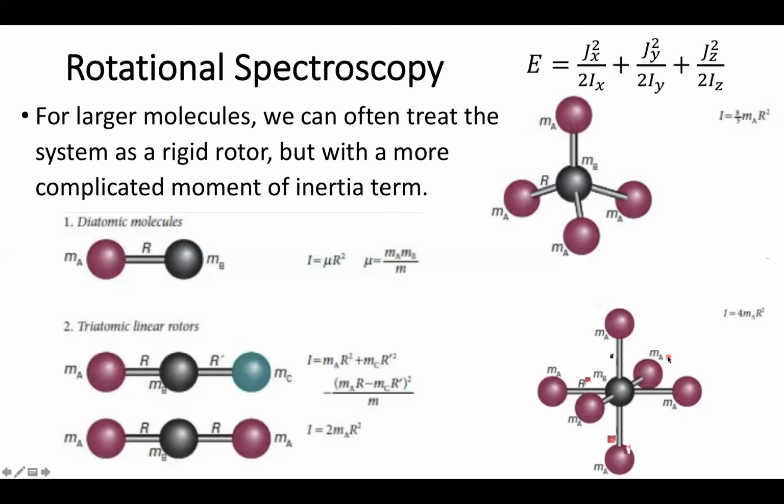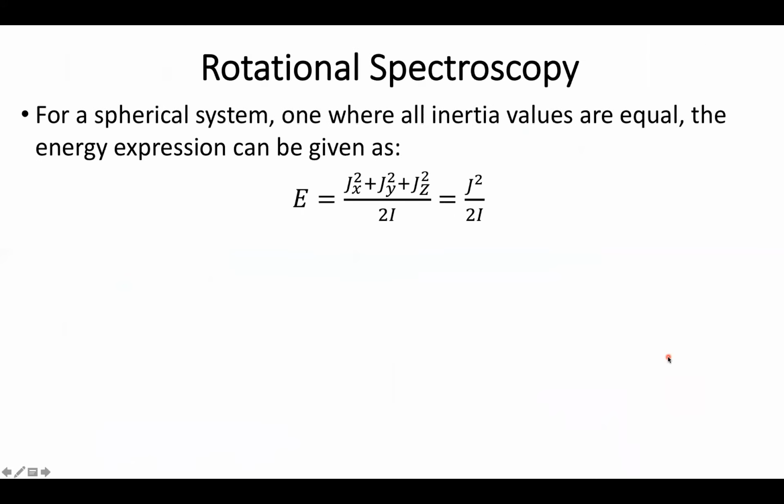So we love our spherical systems. And one of the reasons why we love our spherical systems is because they make our energy expression quite nice, as all of my moments of inertia collapse down to a single denominator, which then lets me add together my individual component angular momentums, which, as you may recognize, gives me an energy that's the total angular momentum squared over twice the moment of inertia.